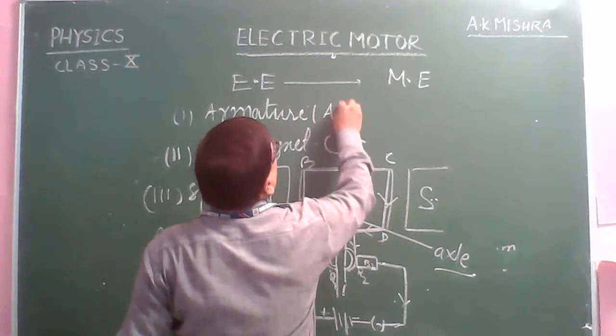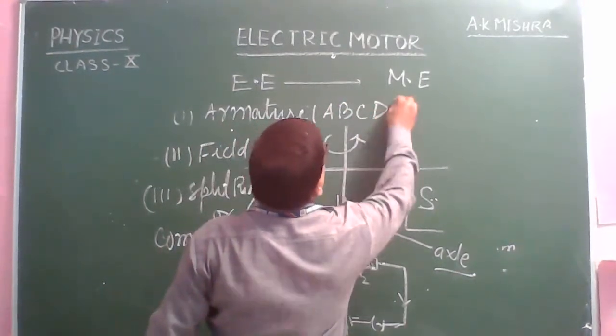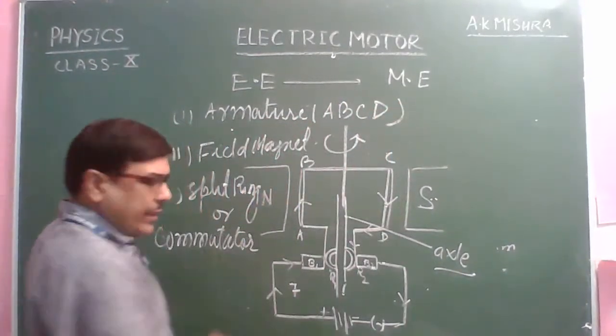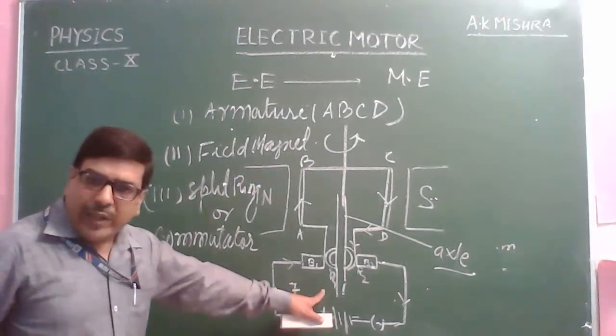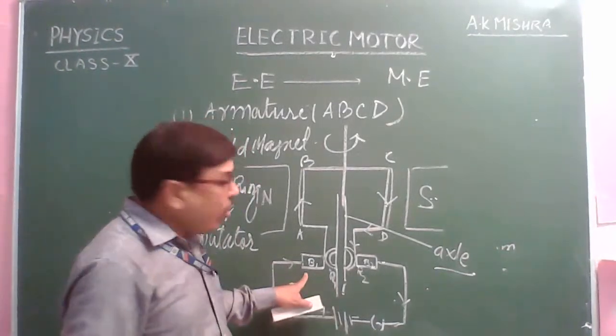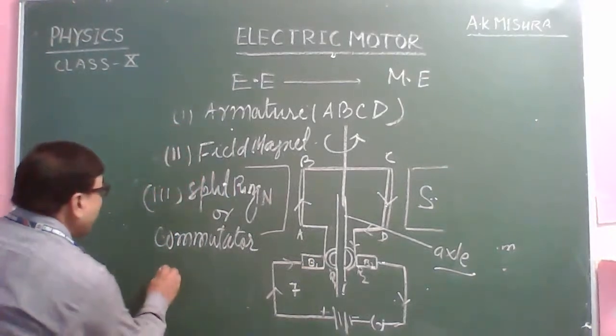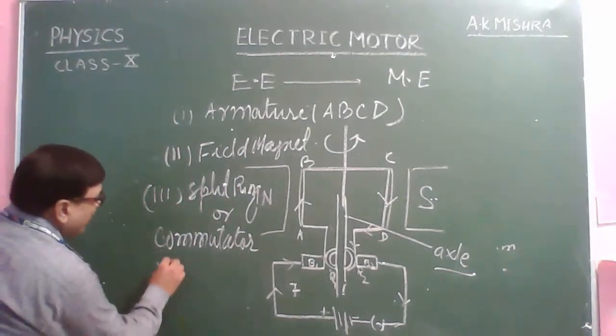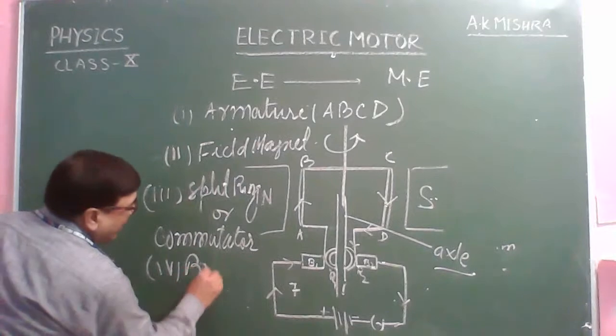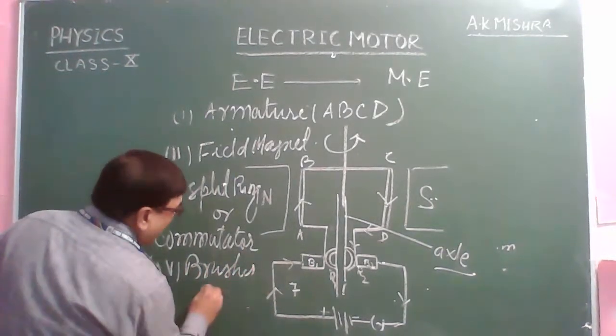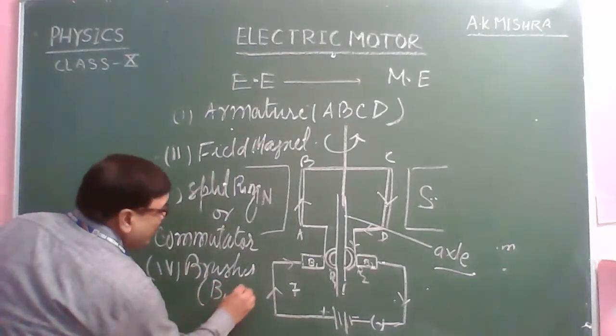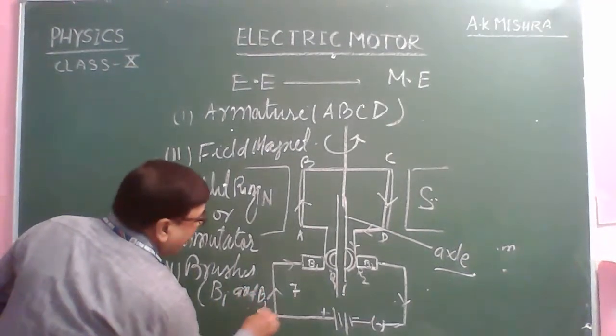Armature here is the rectangular coil ABCD. Then after that, the split ring. Understand? Now the brushes. The fourth part is the brushes, B1 and B2, written here.